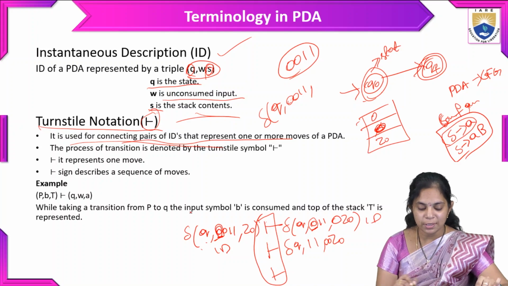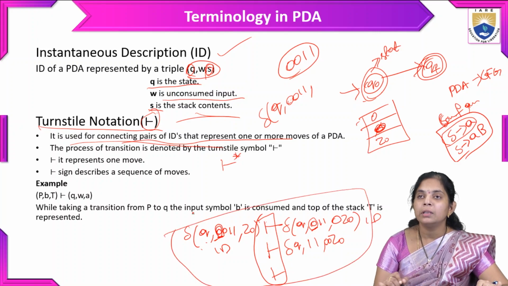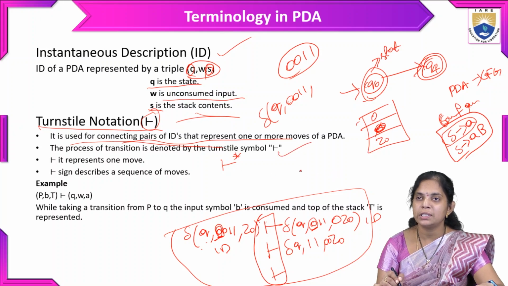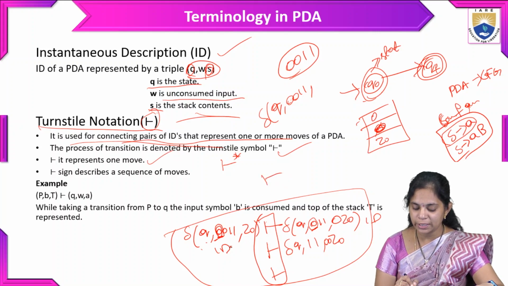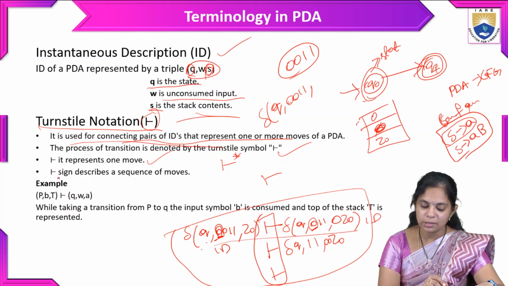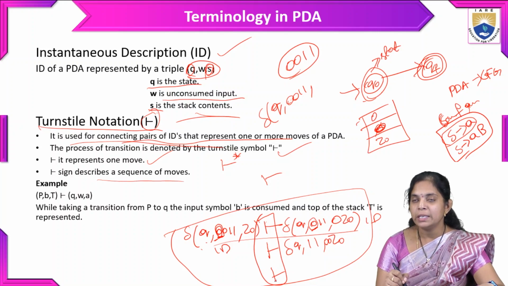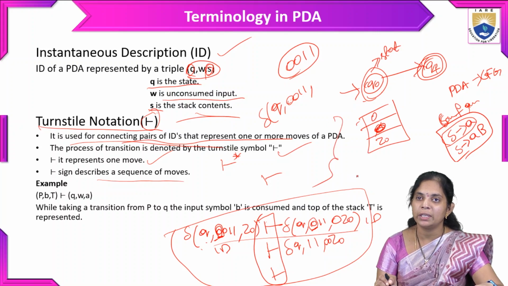Turnstile star represents multiple moves between the instantaneous descriptions. The turnstile is represented with a fallen T, and one fallen T represents one move. The turnstile sign describes a sequence of moves. So this is about the turnstile notation.